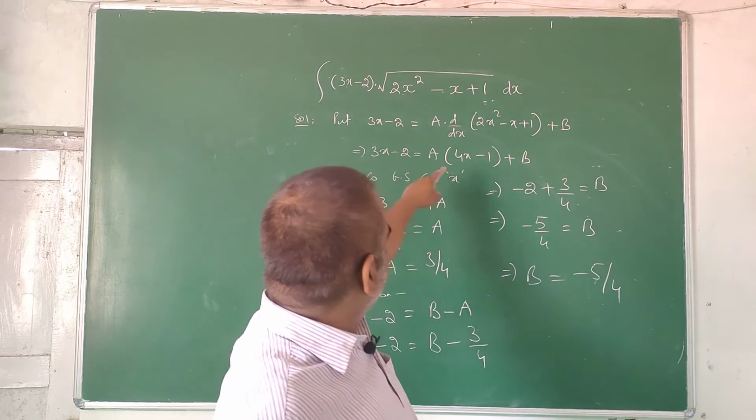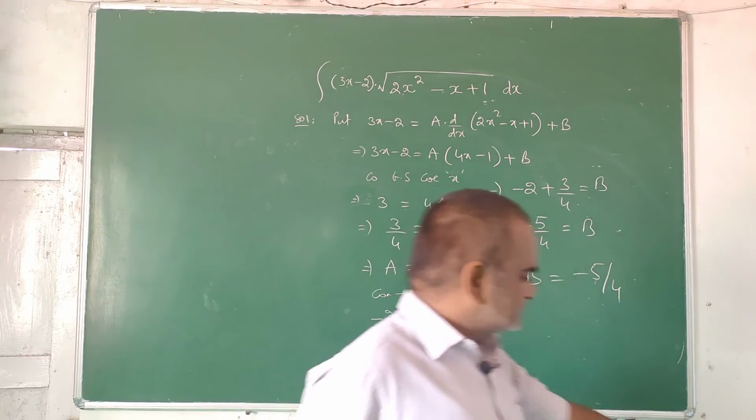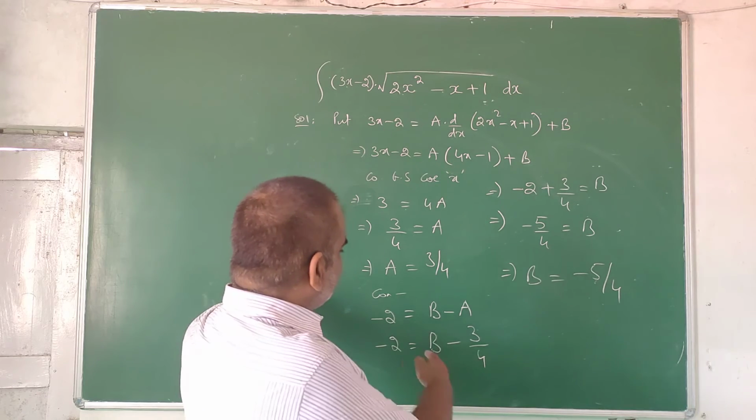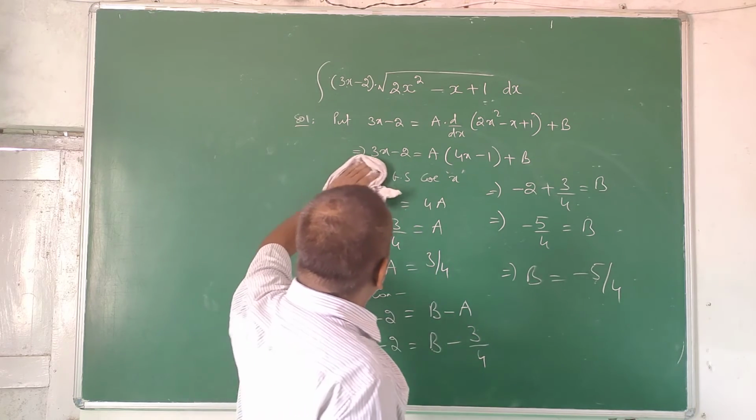Now these a and b values are to be kept here. So substituting this a and b values here, what we get?